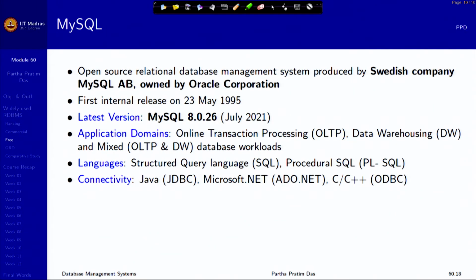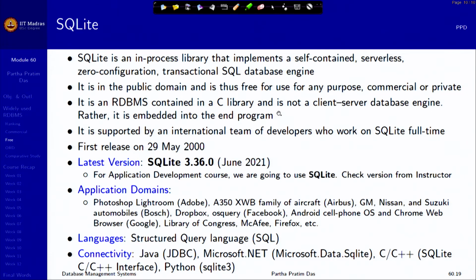MySQL is another open database system which was managed by the community, but currently is owned by Oracle, but it is still open source and can be used freely. SQLite is a community initiative led by a group of international independent developers, and its latest version is of June 2021.